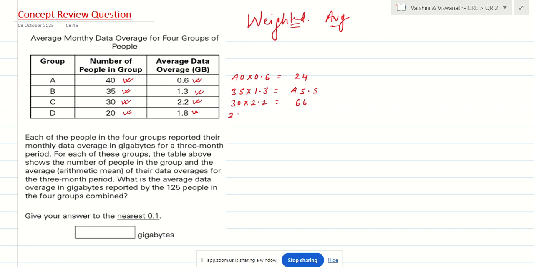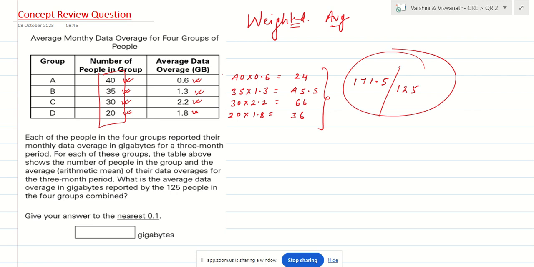And here 20 into 1.8. 36. I'll add all together. 171.5, and divide by the total number of people. Divide by 125. Same thing, no? So what is the answer?